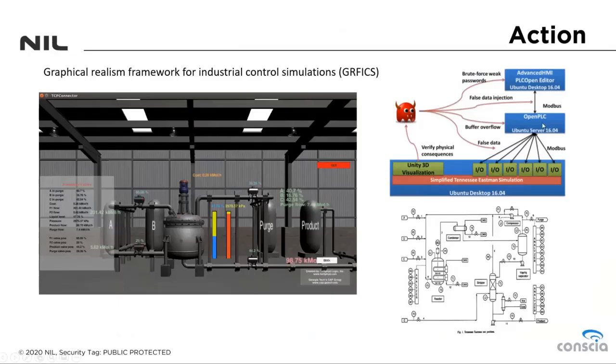Of course, we have a PLC and we also have an HMI. The HMI is used by the OT engineers to control the process and to react to different scenarios, and the PLC is used for controlling the input-output devices.